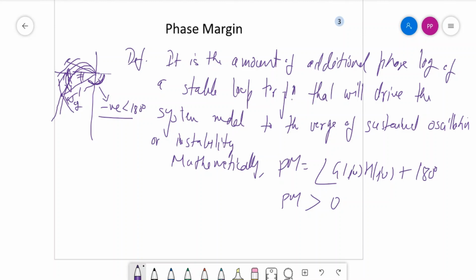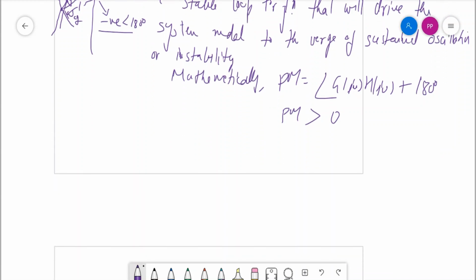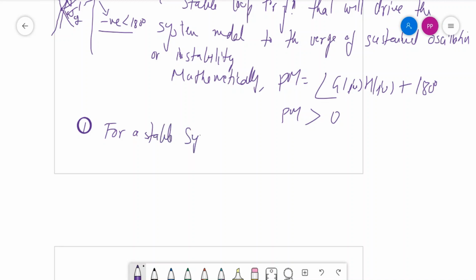So for a stable system we can say certain things about phase margin and gain margin. Let us write down those points one by one. Point number one, for a stable system, gain margin and phase margin are positive.